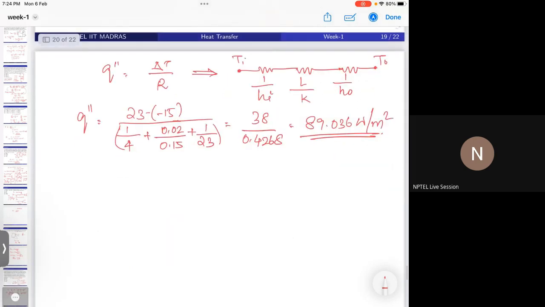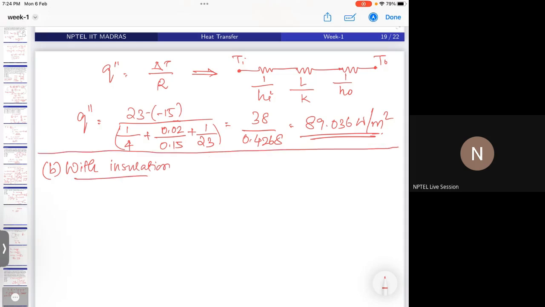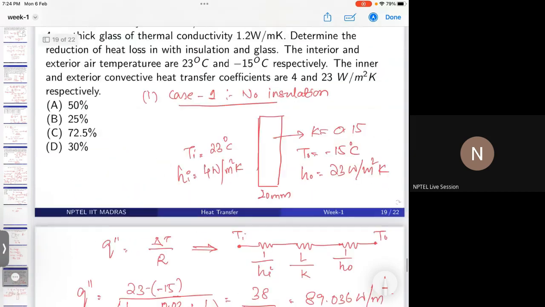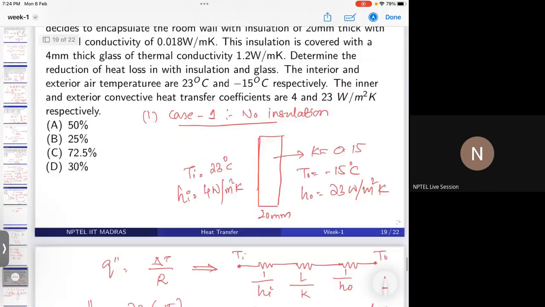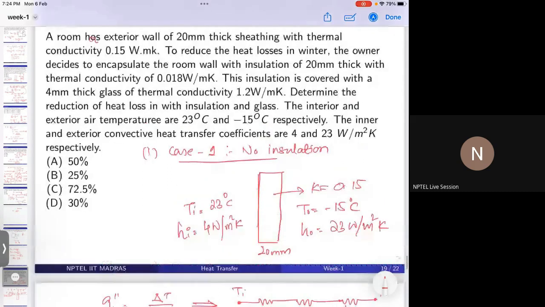So the next case we will consider with insulation. So we have a two-layer insulation for this. First, we have the brick, then we have an insulation, and again we have a glass layer.